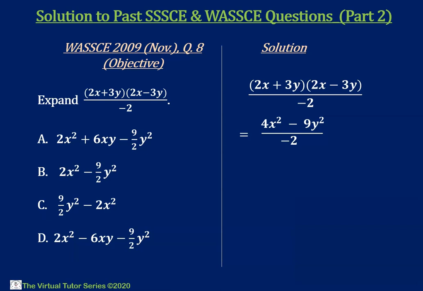We can split this fraction into 2 to have negative 4x squared over 2 and negative 9y squared over negative 2, which is 9y squared over 2. Remember, negative divided by negative is positive.